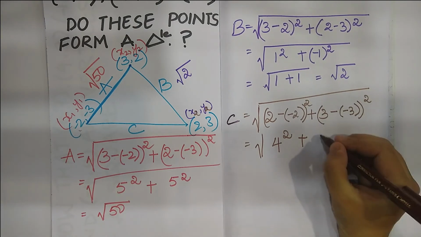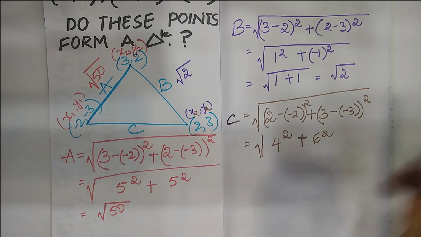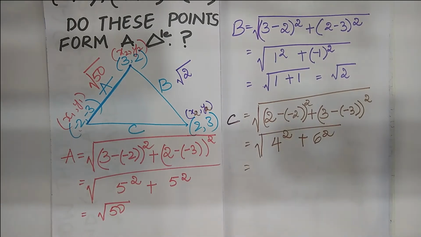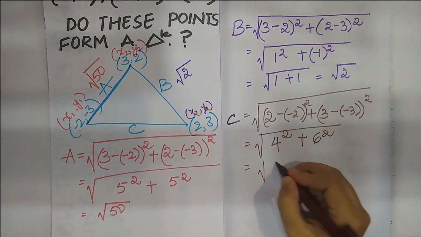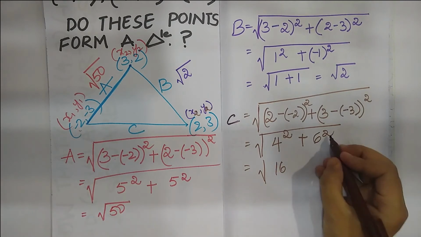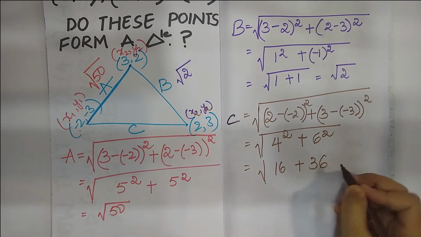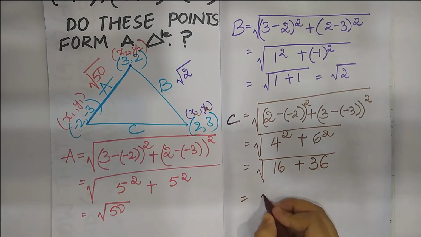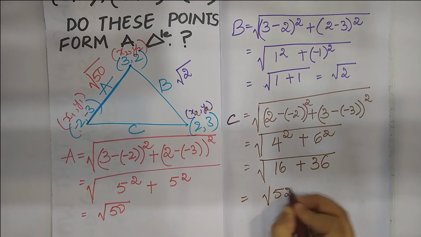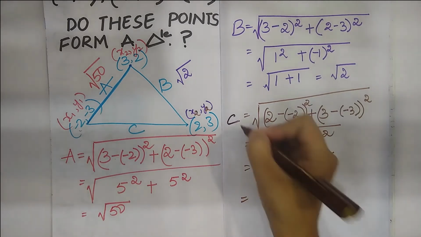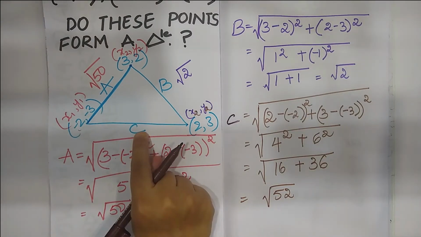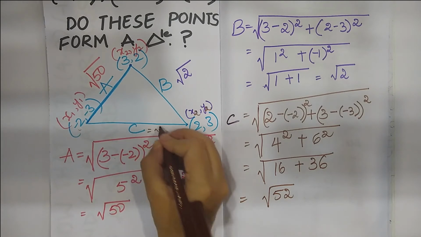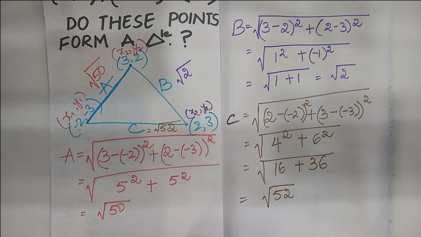So what is 3 plus 3? 6. So it will be 6 square. Now 4 square is 16 and 6 square is 36. So what do we get here? We get square root of 52 as our distance for C. So here C, the side C will be equal to square root of 52.